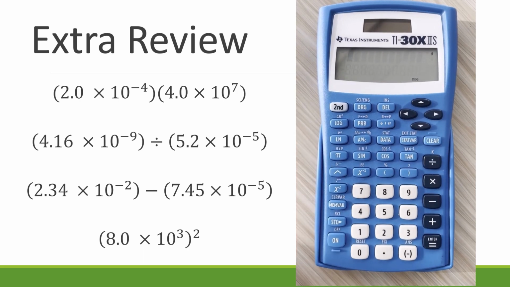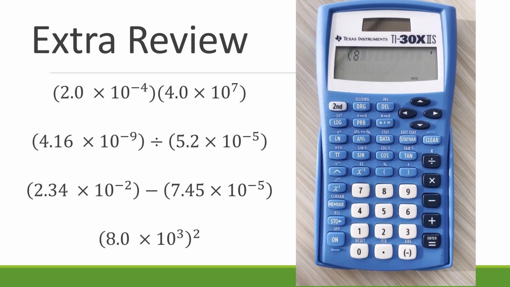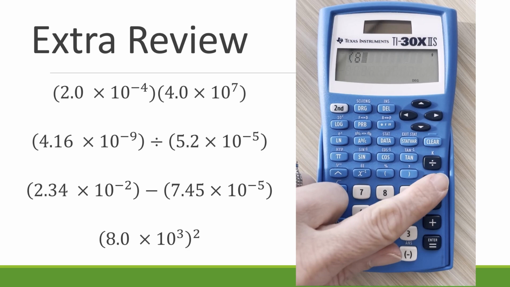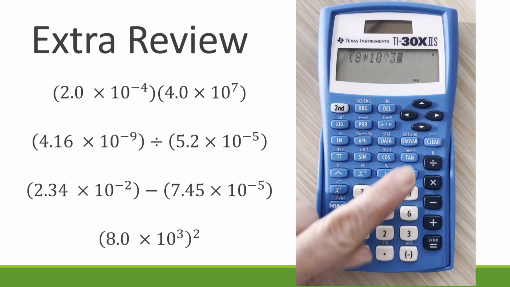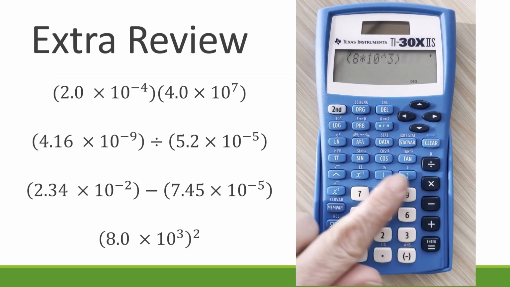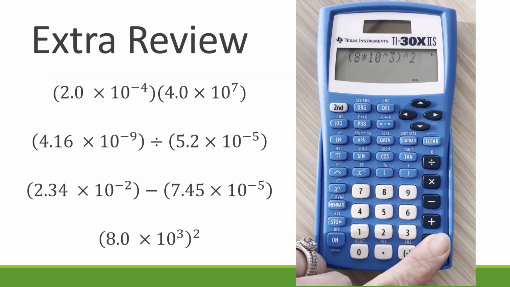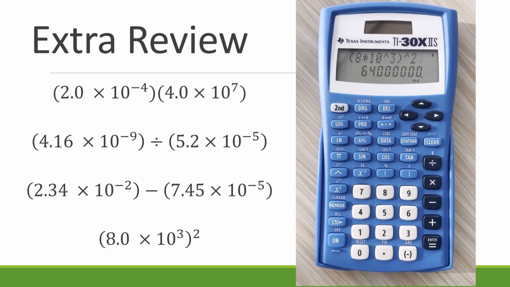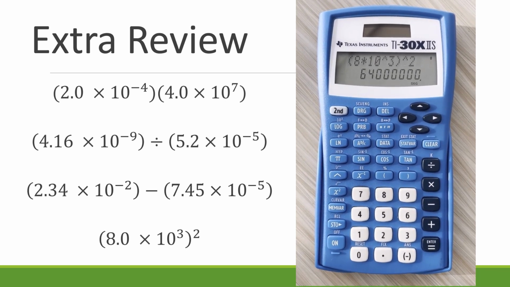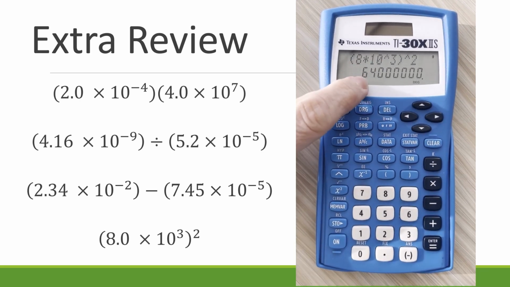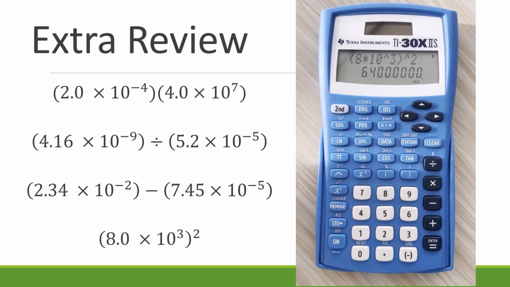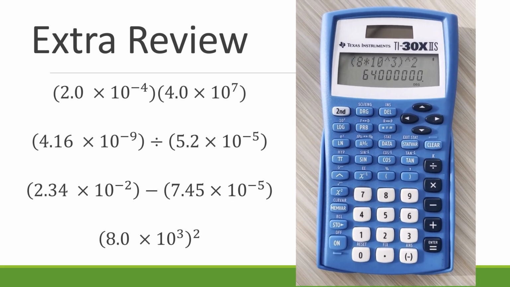Last one, parentheses 8.0. I'm just going to write 8 times 10 to the 3rd, close parentheses, to the 2nd. Large number, this is standard form. To write it in scientific, I'd have to move the decimal to the left all the way to here. That's 7 jumps. So 6.4 times 10 to the 7th.